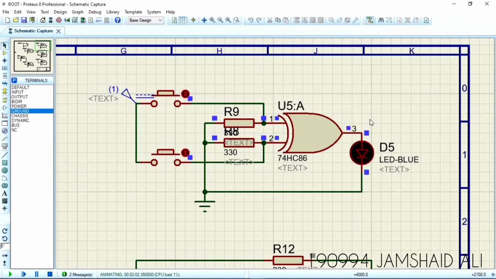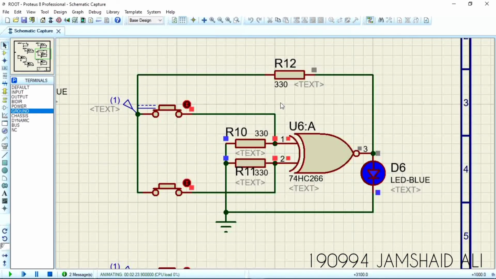If both inputs are different, then the output is 1. We can check this by running our circuit. If I apply 1 on this and 0 on this, because the inputs are different, the output is 1. If I apply 0 and 0, the output is 0. If I apply 1 and 1, the output is 0, because the inputs are the same.